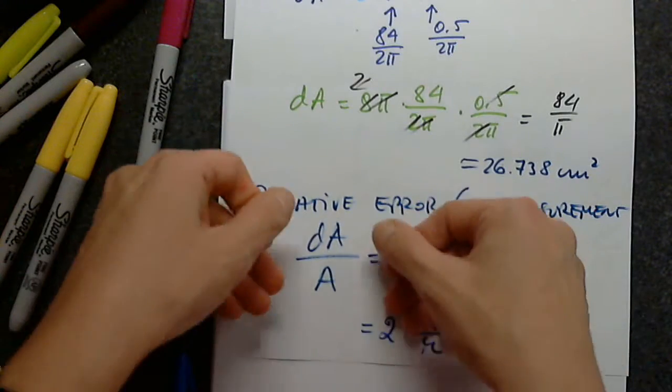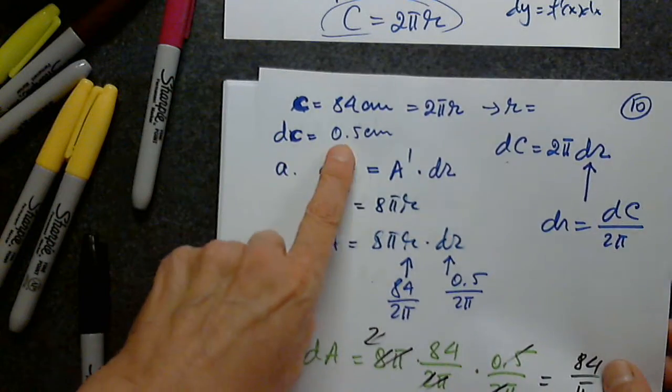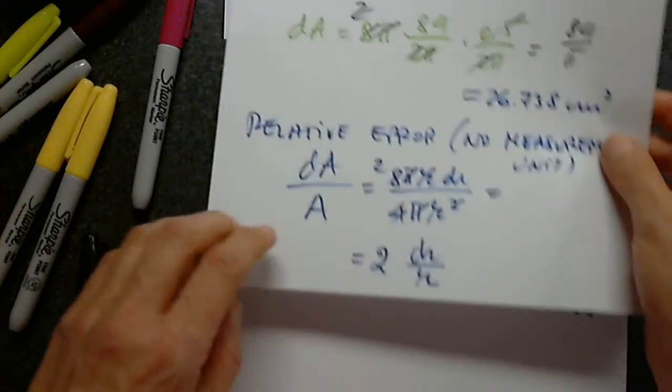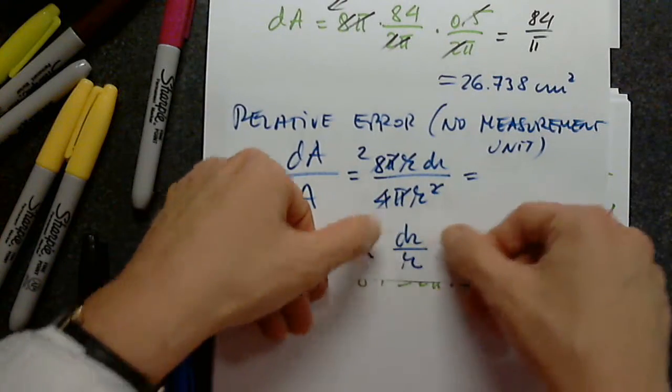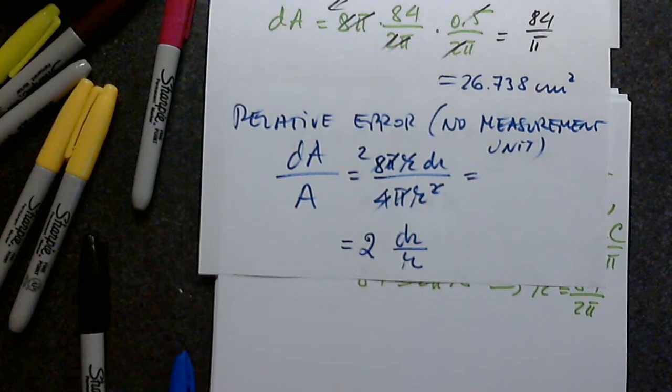So the relative error in the area triggered by an error of 0.5 centimeters in the circumference is twice as much as the relative error in the radius, triggered by the same 0.5 in circumference.